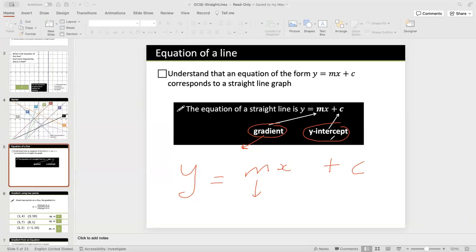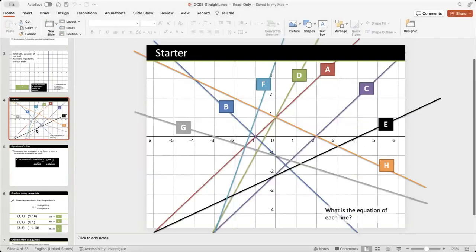So what about the y-intercept? The y-intercept is the coordinate where the line crosses the y-axis. Let me go back to the previous graph so you can see what we're talking about. For example, I'm going to use graph A as an example.